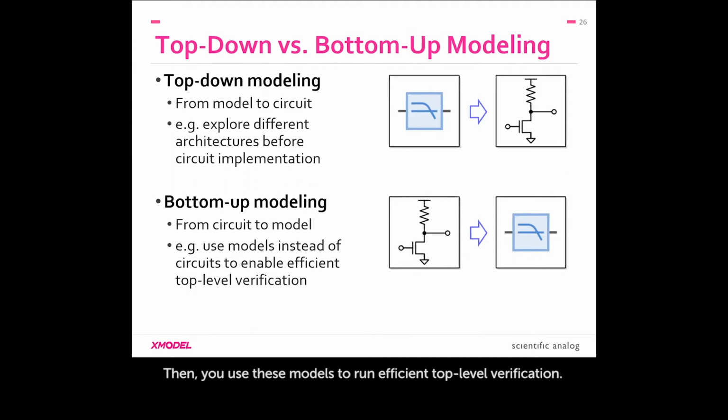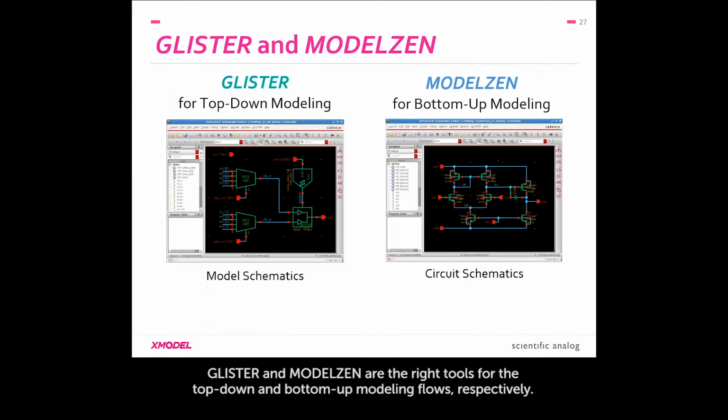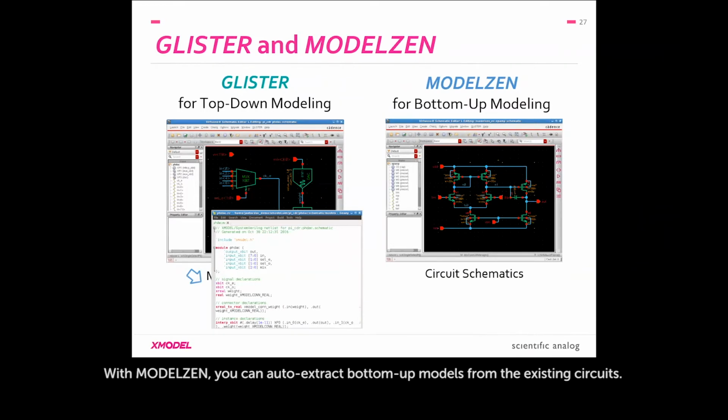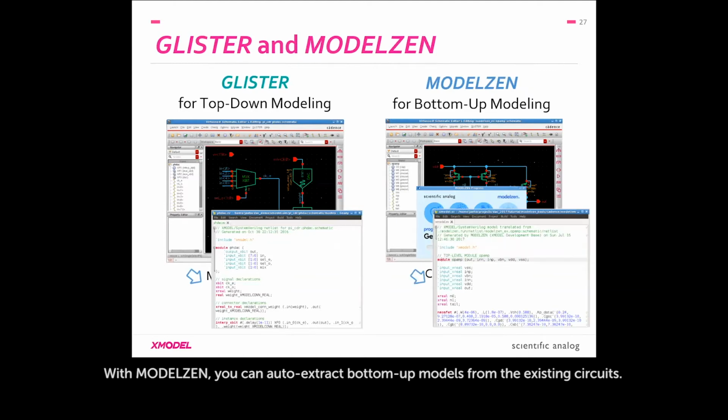Then you use these models to run efficient top-level verification. Glister and ModelZen are the right tools for the top-down and bottom-up modeling flows, respectively. With Glister, you can compose top-down analog models in schematic forms and then generate the SystemVerilog models. With ModelZen, you can auto-extract bottom-up models from the existing circuit.